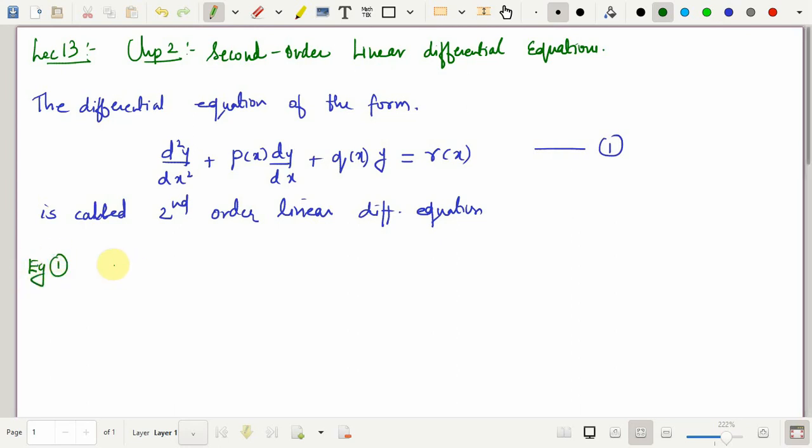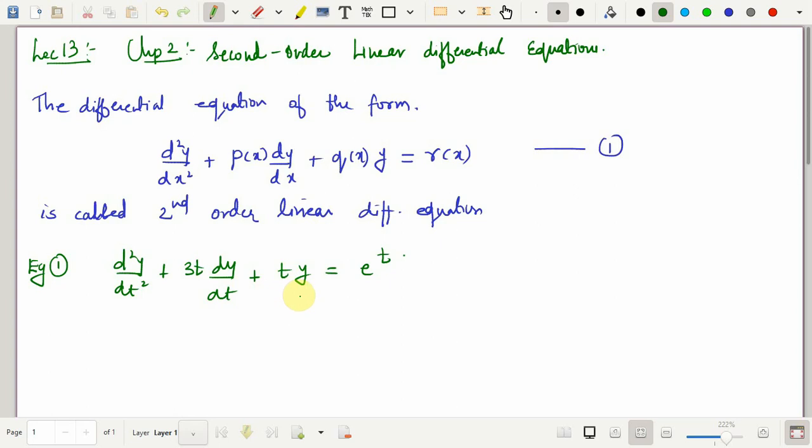If I have d2y by dt2 plus 3t into dy by dt plus say t into y is equal to e raised to t, can you say that this is a second order linear differential equation?